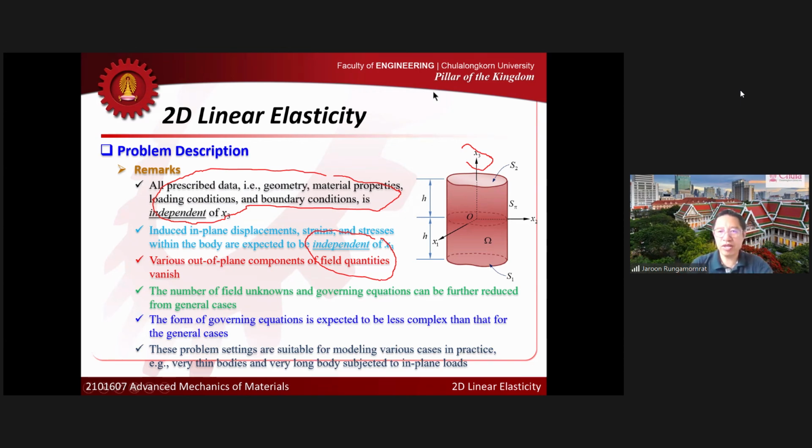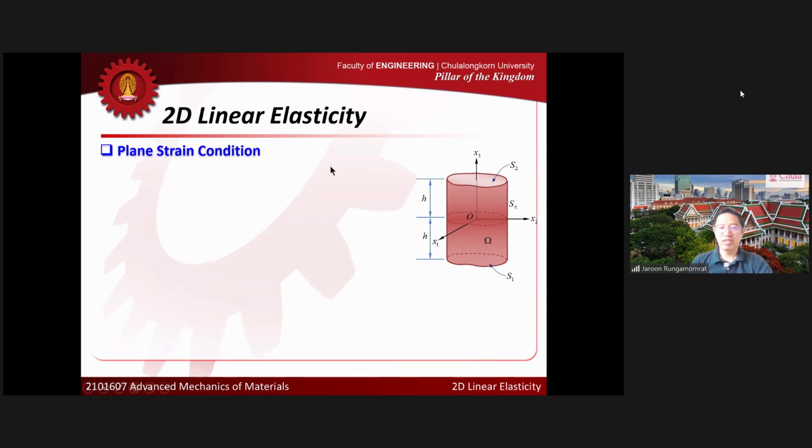Do you have any questions about anything here? I may not be able to go into detail for today, so I will stop here, and next time I will come back and discuss two common types of conditions that you will face in the future. If you have to deal with mechanics problems, you have to deal with the plane strain condition and plane stress condition.